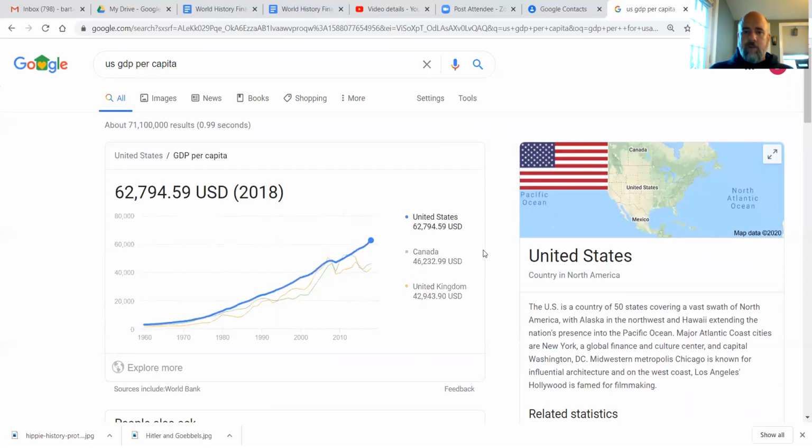Also, one thing to note, some people talk about how living in Canada is better than living in the United States because it's just such a great place to live. Well, do you notice their per capita GDP is $16,000 less per person than the United States? Now, you notice China is not on this list. China's per capita is around 9,000 per person.